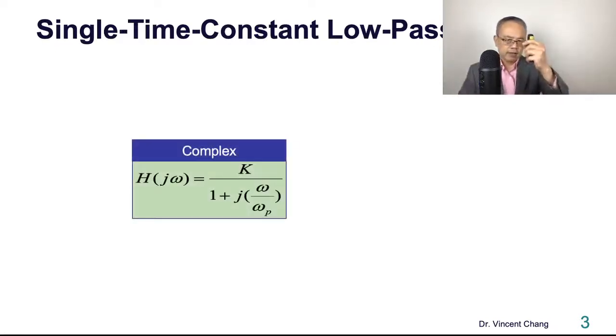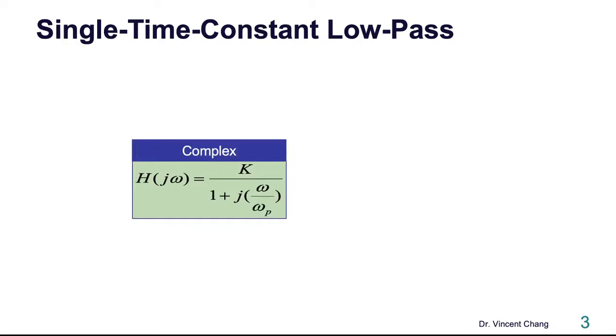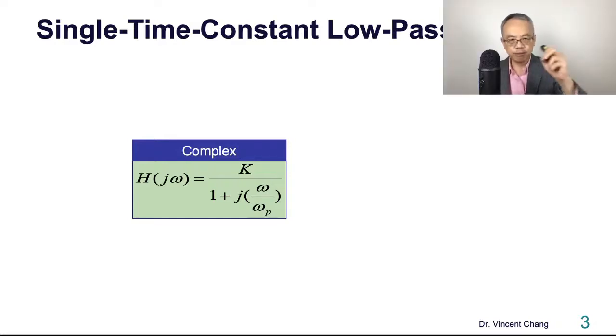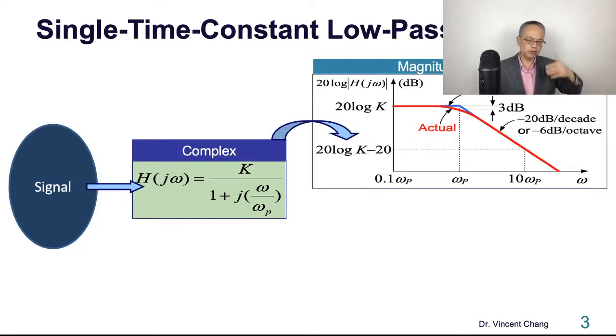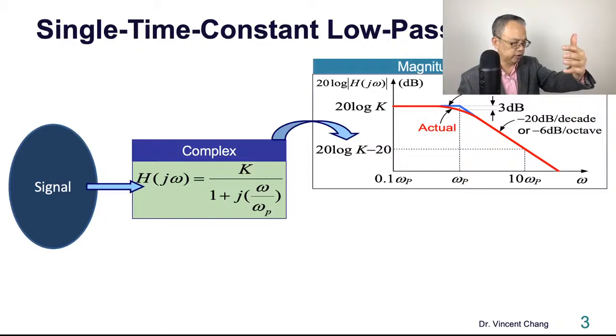Let's quickly review the single time constant low pass. This is the transfer function you are supposed to be very, very familiar with. The denominator polynomial is 1 plus jω over ωp. When a signal comes in, two things are going to change: one is the magnitude, the other is the phase. How the magnitude changes depends on your signal frequency spectrum.